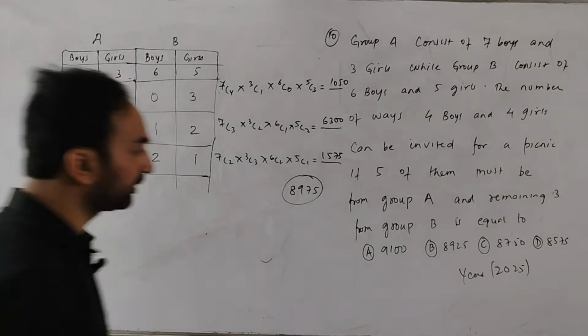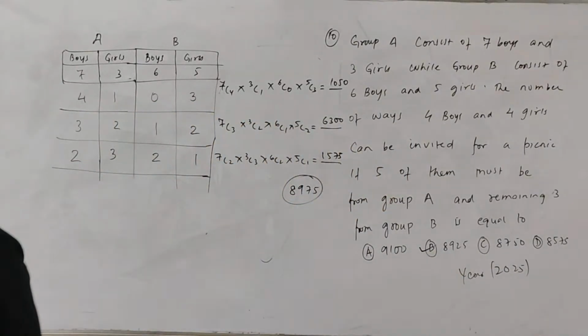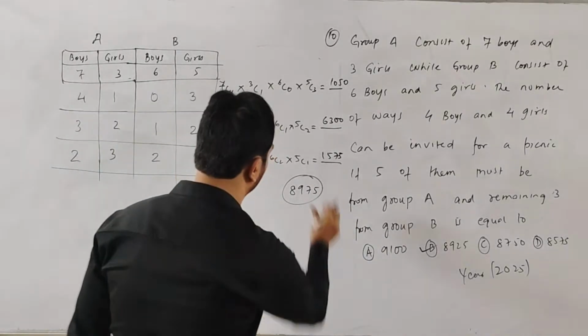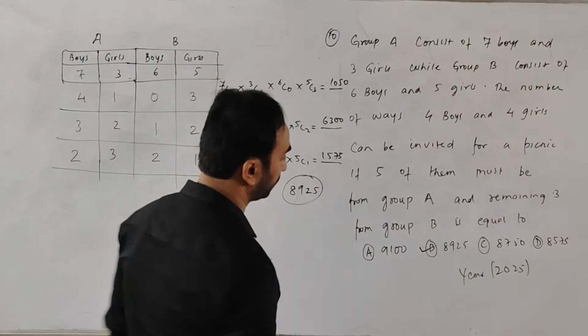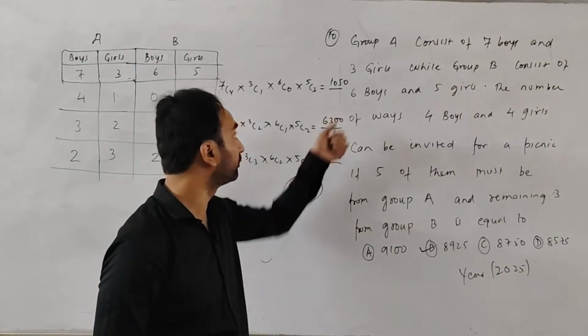So which option is correct? 8975. B option is correct. No, it says 8925. No, sorry. Option B is correct and the option is 8925.